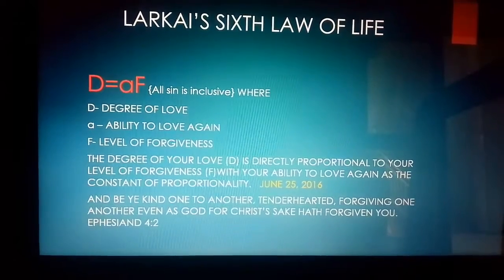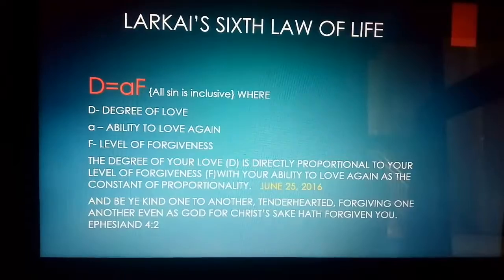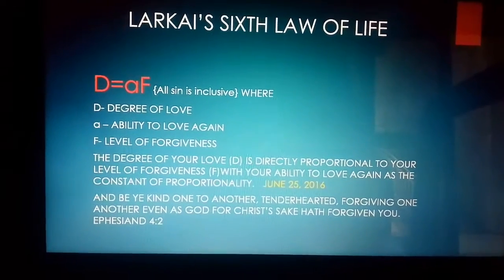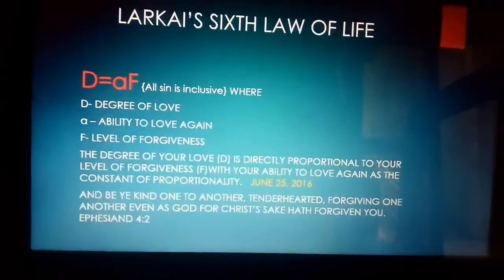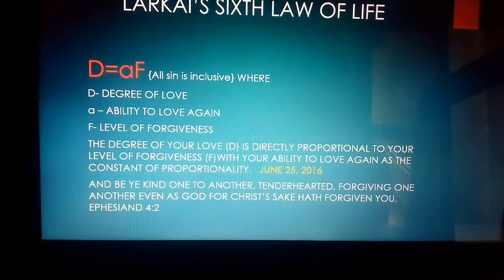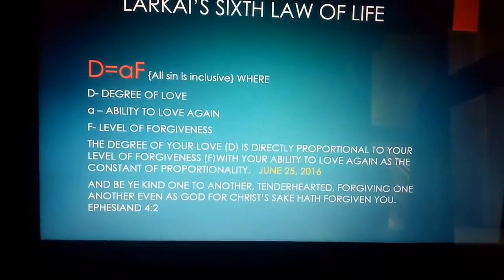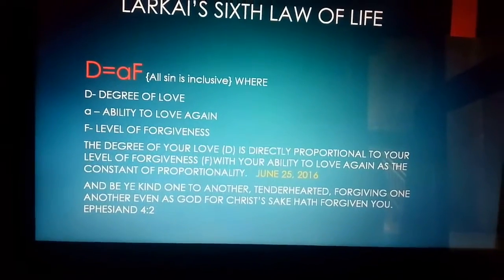Now, you notice that D, which is degree of love, A, which is ability to love again, and F, the level of forgiveness, is expressing one simple thing. It means the degree of your love, D, is directly proportional to your level of forgiveness, with your ability to love again as the constant of proportionality.